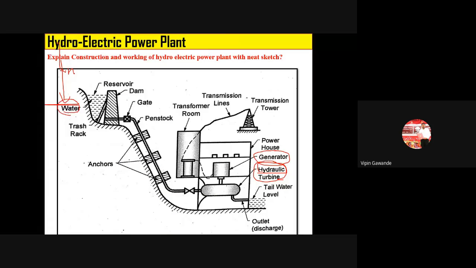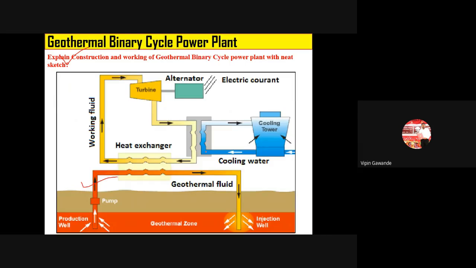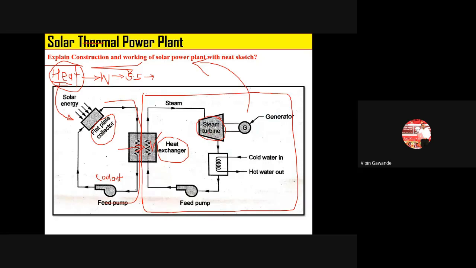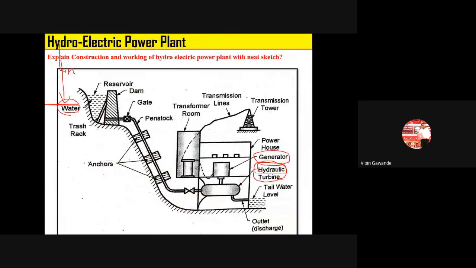Just concentrate on this term, it is very important whenever you are writing the construction and working of a hydroelectric power plant. For all the above power plants we use a steam turbine, but now we have a hydraulic turbine, because we are now using water.